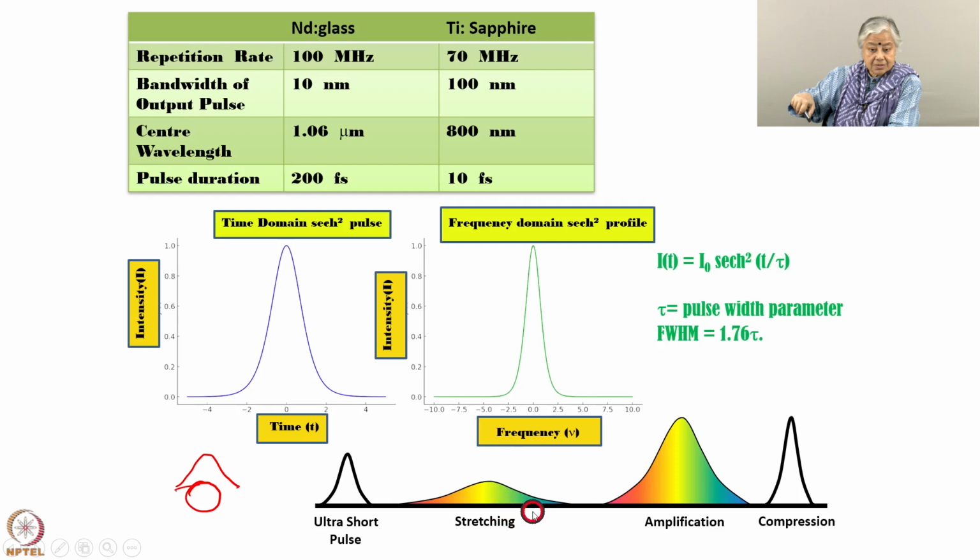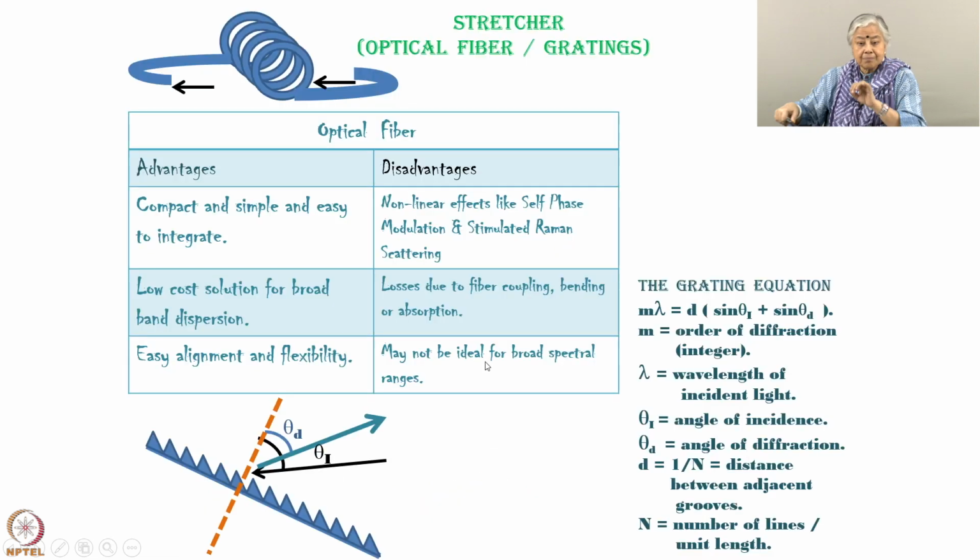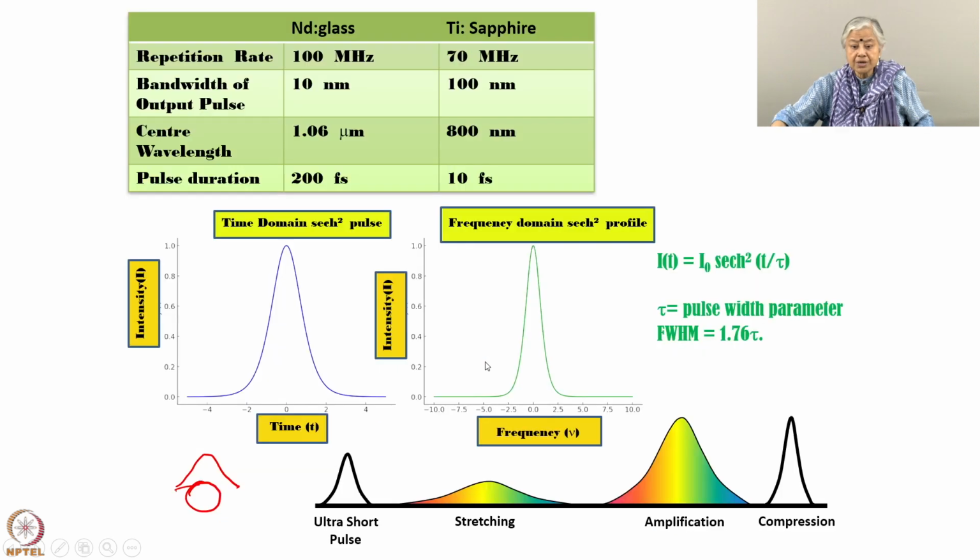So all these frequencies have stretched out in time, but I have not lost the frequencies. So all the frequencies that come within a 10 nanometer or say a 100 nanometer, they are all there. All those frequencies, that bandwidth in the spectrum remains, but I have only placed them at different points of my time profile.